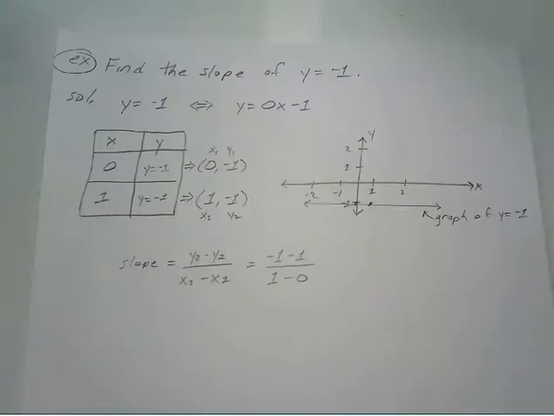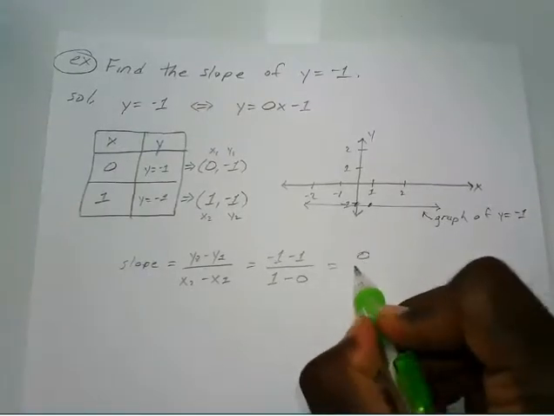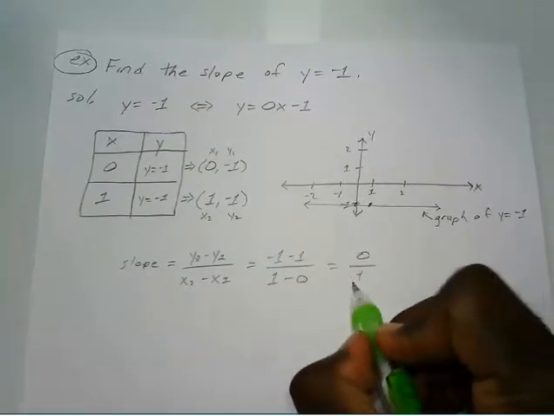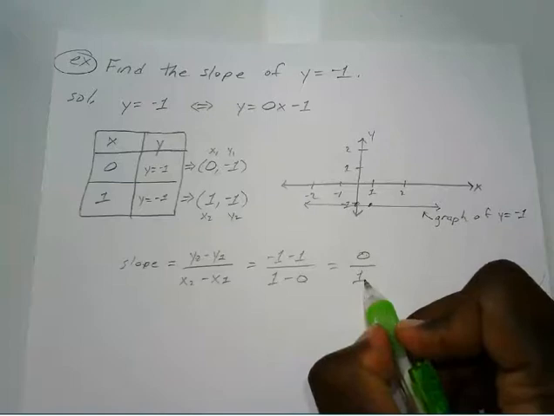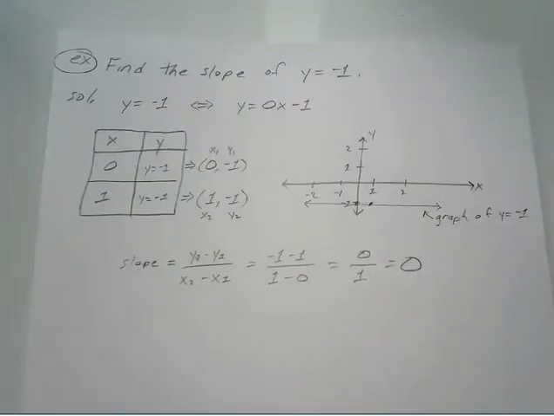So we have -1 minus 1 is 0, and 1 minus 0 is 1. So 0 divided by anything other than 0 is just 0. Okay, so for this one, the slope is 0.